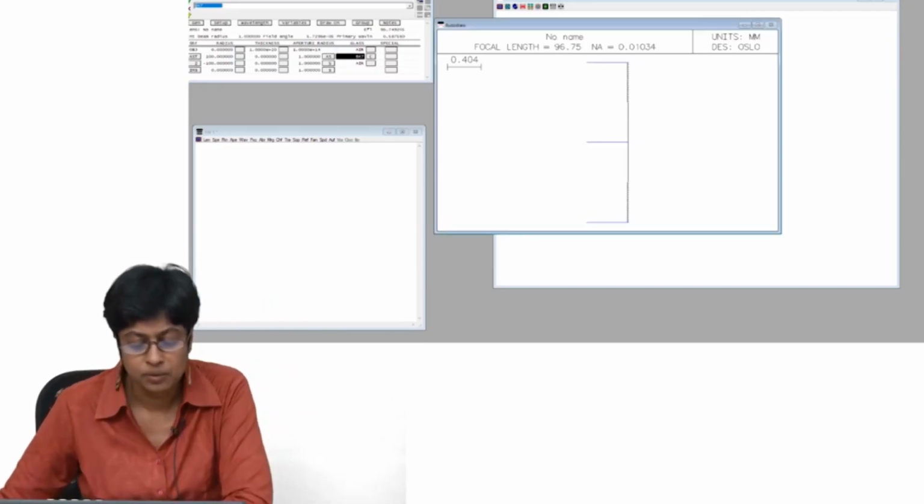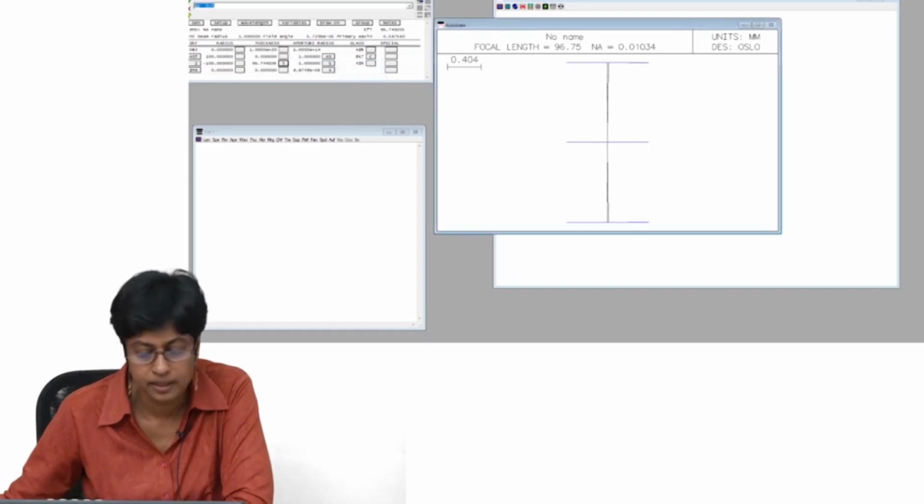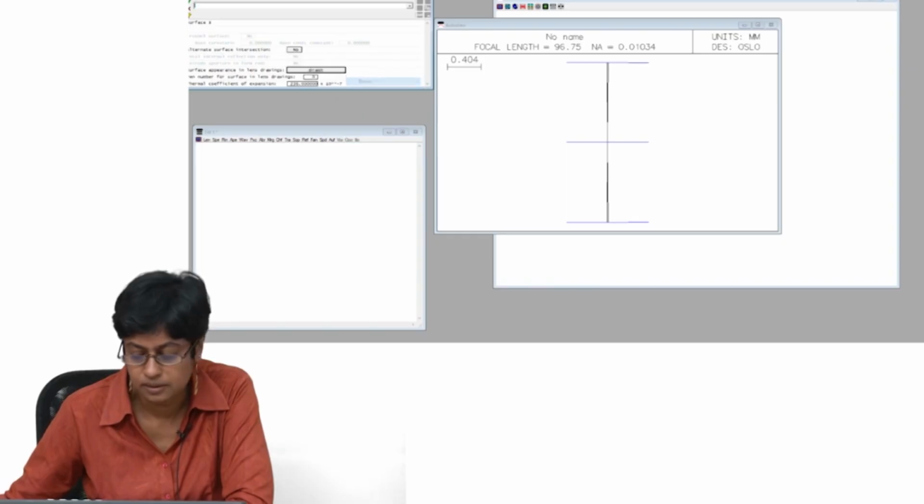Now let's solve. I'm solving the axial ray height. I want the image plane to be where the axial ray height is 0, so that in other words, the ray crosses the axis, and I want to see this surface so that we can see that.